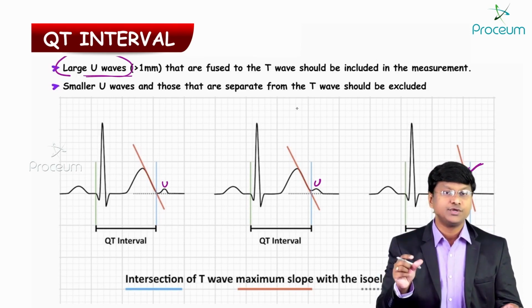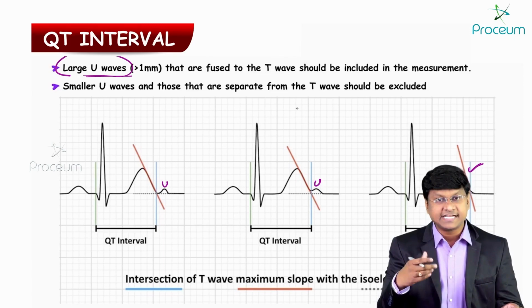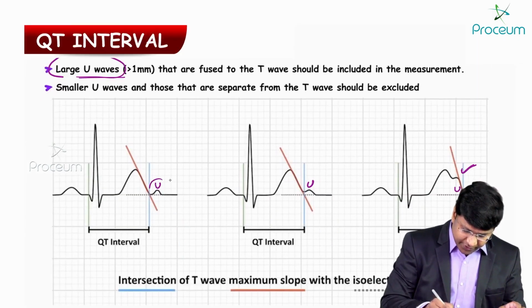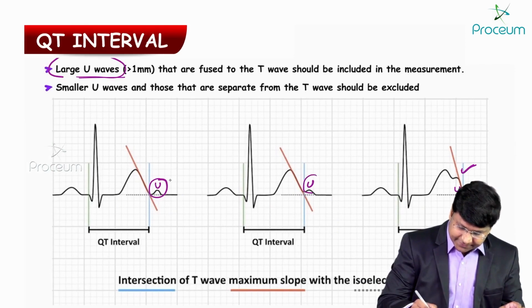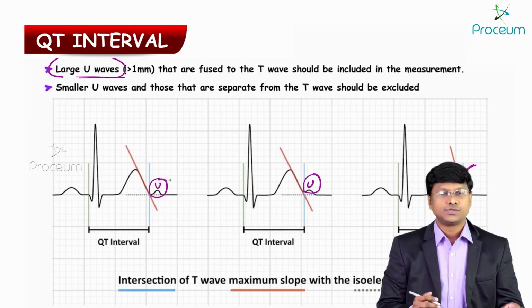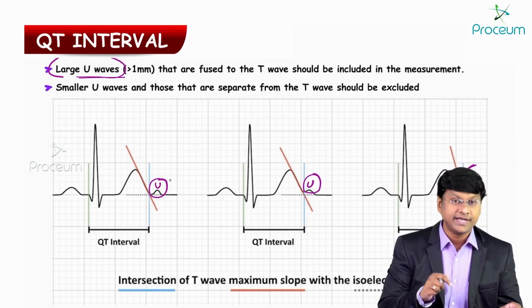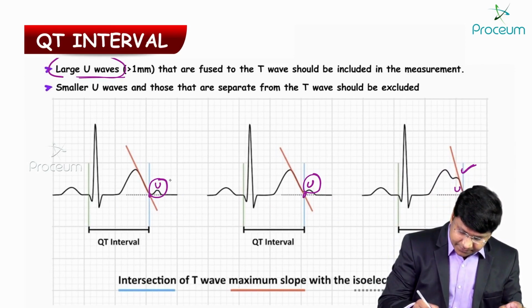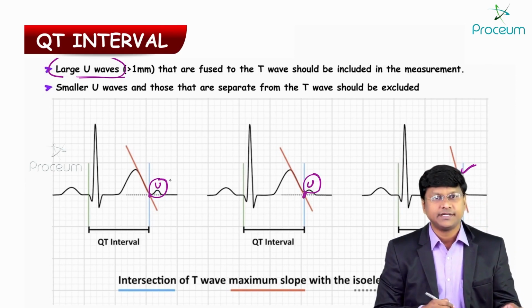Smaller U waves and those that are separate from the T wave should be excluded. So this U wave should be excluded. In such a case, the QT interval should be up to the end of the T wave.